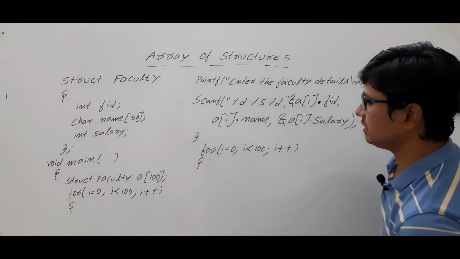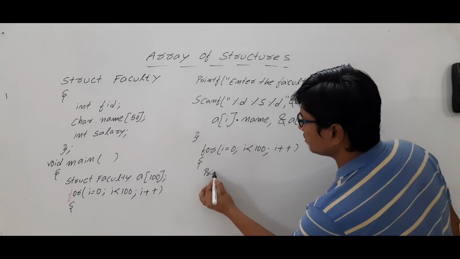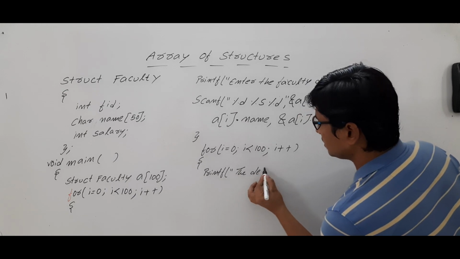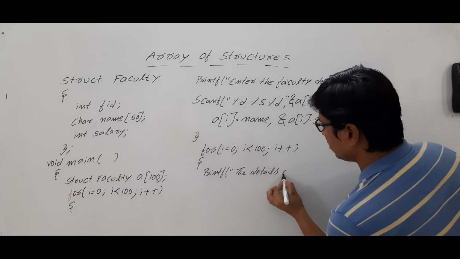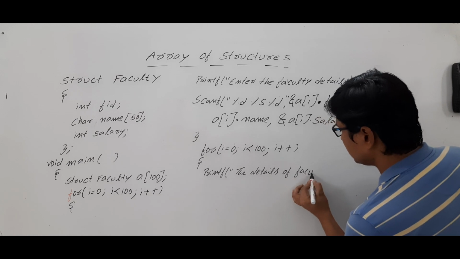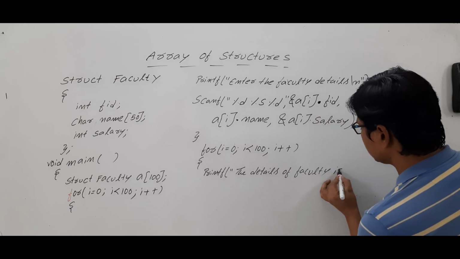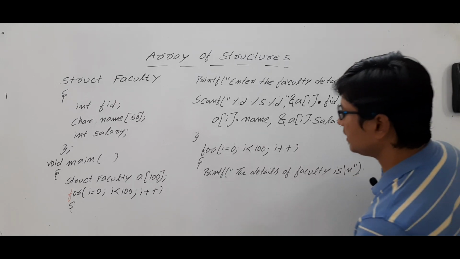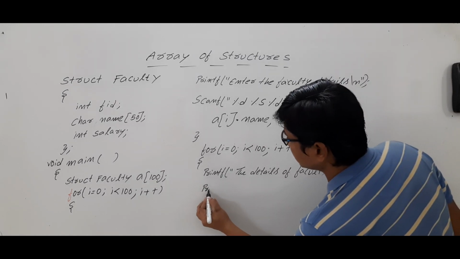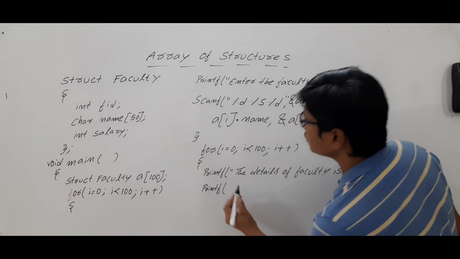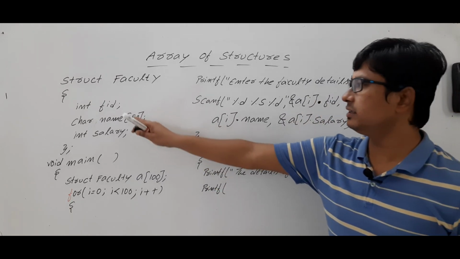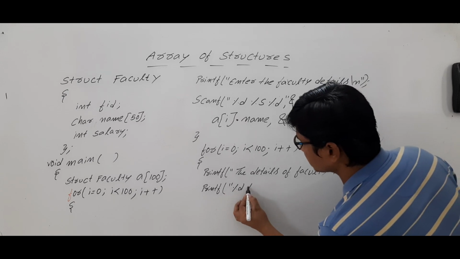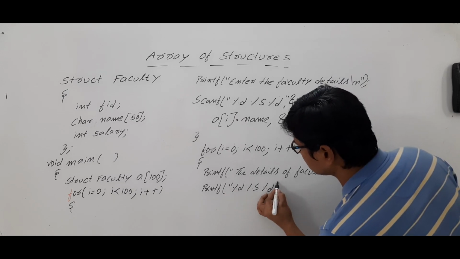Now you can write printf, the details of the faculty is \n. Then you can write printf here. As you want to print his ID, name and the salary, you have to write the format specifiers %d, %s and %d.